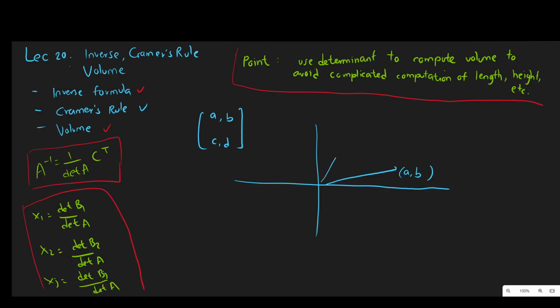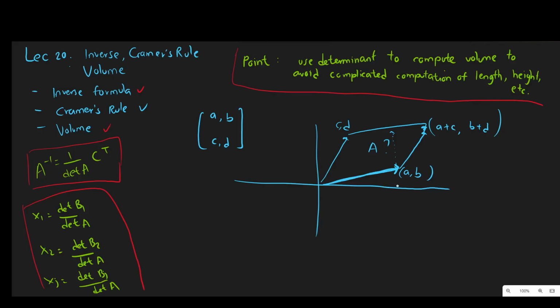This one is A, B, and this is C and D, and this here is A plus C, B plus D. We are interested in the area of this parallelogram. If we just use our usual formula to compute a parallelogram, we first need to compute the base, the length of this one, times the height of it, which is I think this one. As you can see, there are a lot of roots involved.